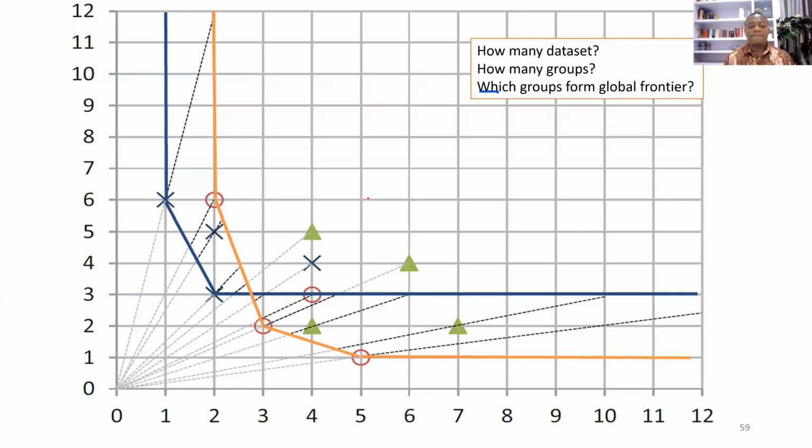If you look at this graph I'm showing you here, how many data sets do you think are here? How many observations are here? Miriam, how many observations? Doc, 2.